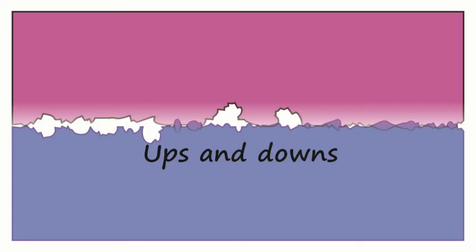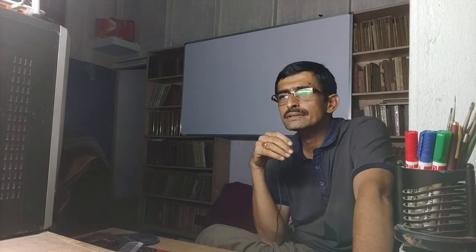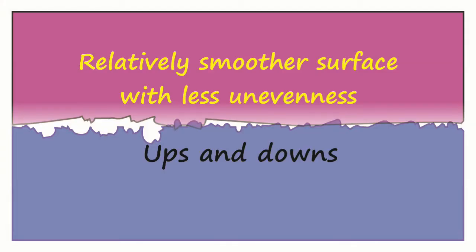Let us have a look at these graphics to clear this concept. If we observe a surface with a magnifying glass, we would see that a rough surface has many ups and downs, unevenness, in the form of grooves and ridges, like these. Whereas the smooth surface has much less unevenness, like this. So, hopefully you understand now.